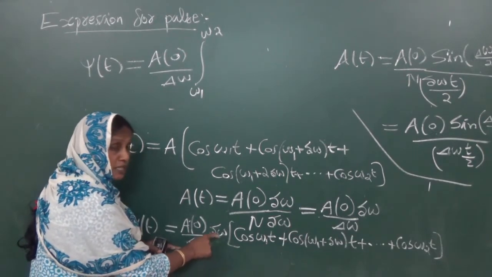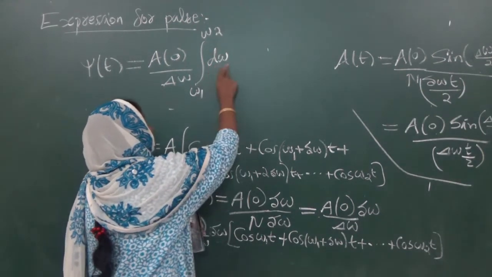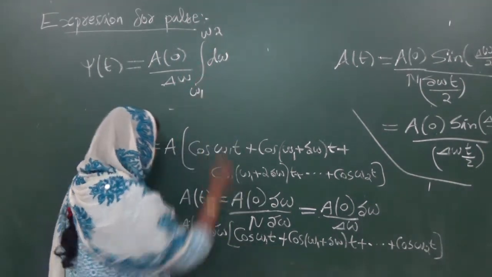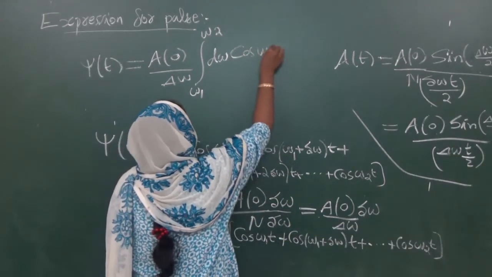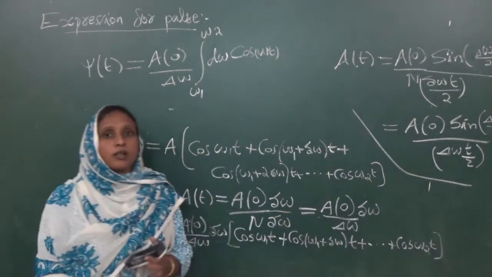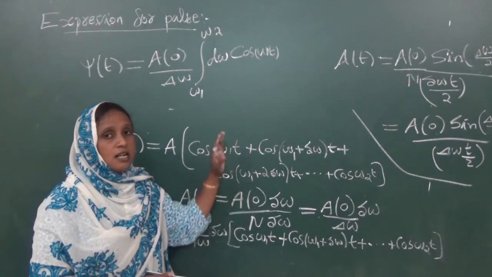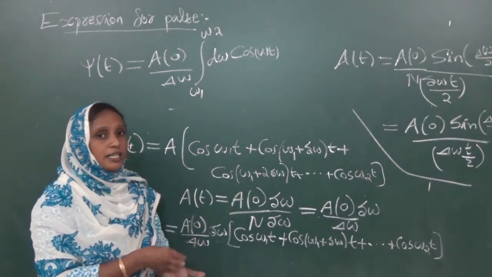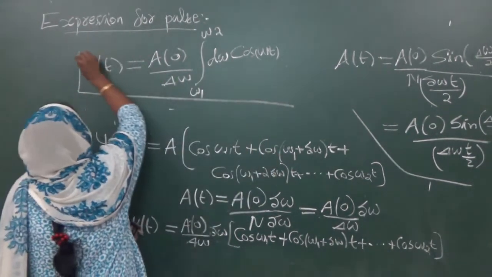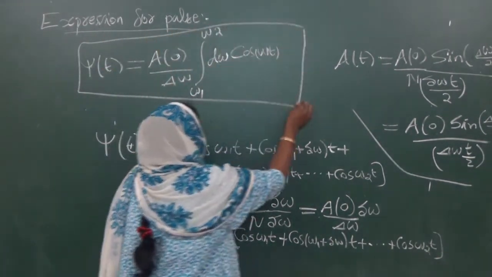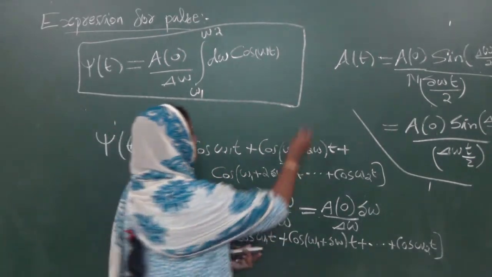This is discrete, this is nearly 0. For the integration purpose, it is replaced with continuously varying omega, d omega. Then comes cos omega t. So the mathematical expression for the pulse is obtained as a continuous superposition of harmonics, as shown in this equation. This is equation 4.